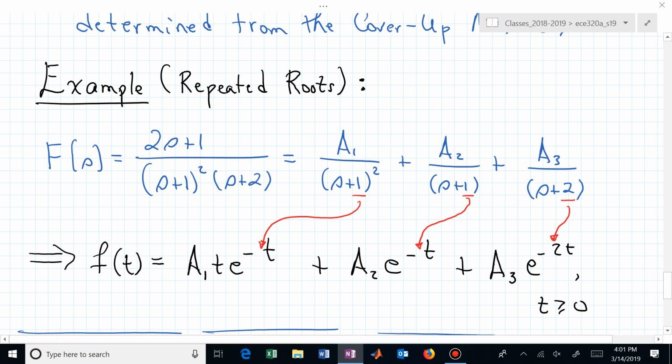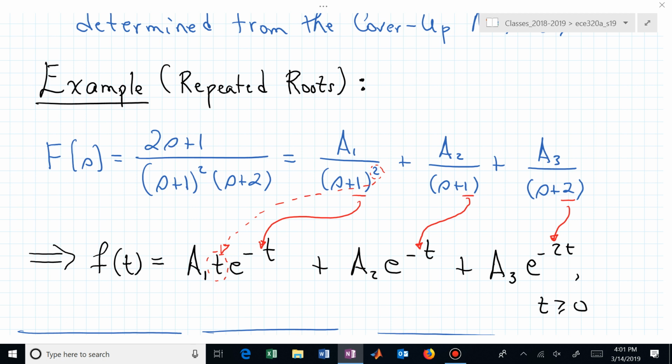What I'm saying is this 2 gives rise to that t. And there's where all the pieces and parts go together.